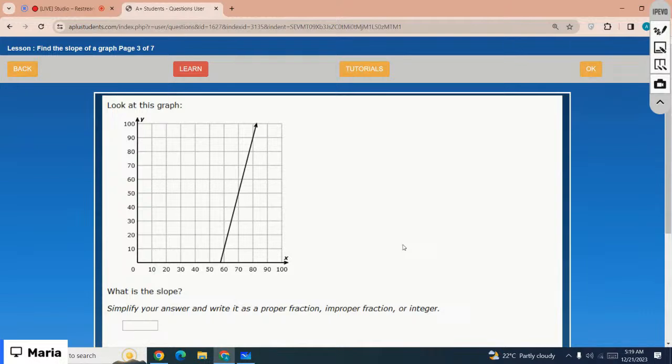Okay, the next one: look at this graph. What is the slope? Now you have to calculate the slope. So how to calculate the slope?